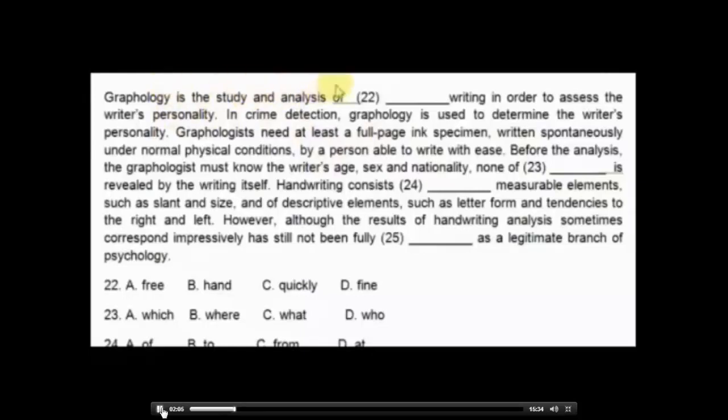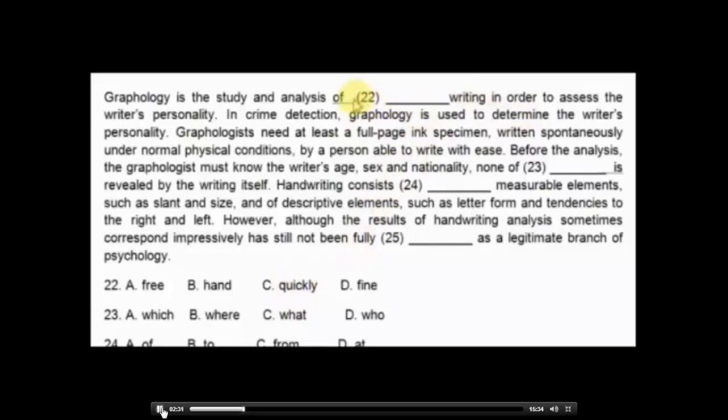Graphology is the study and analysis of handwriting in order to assess the writer's personality. So, free writing would be that you can write freely, write whatever you want. Quickly writing, that's wrong because this is an adverb and it doesn't relate with the text.